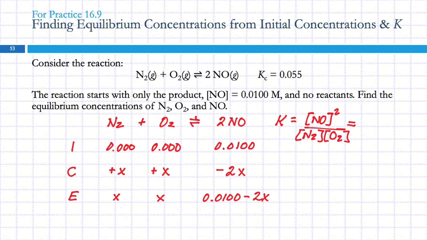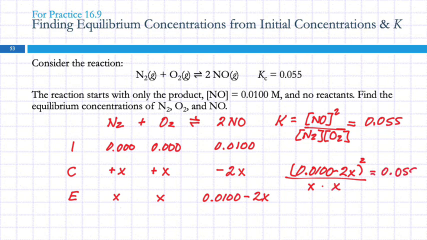And that's equal to 0.055. So this is the concentration of NO at equilibrium. So that's what goes inside the little box. 0.0100 minus 2x. And that quantity is squared. And we're dividing by x and x. And that equals 0.055.